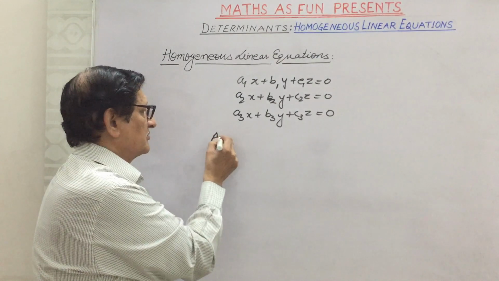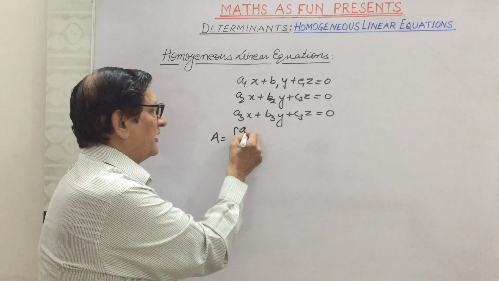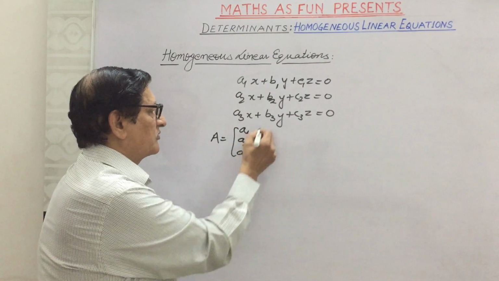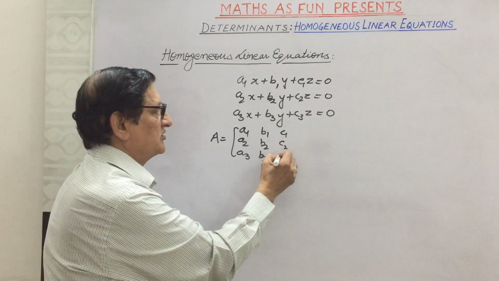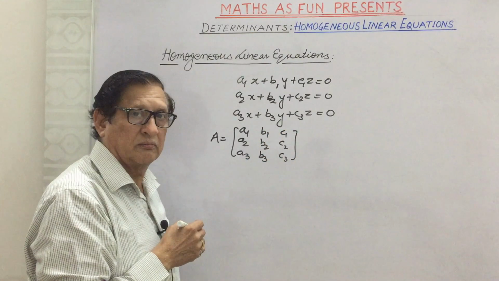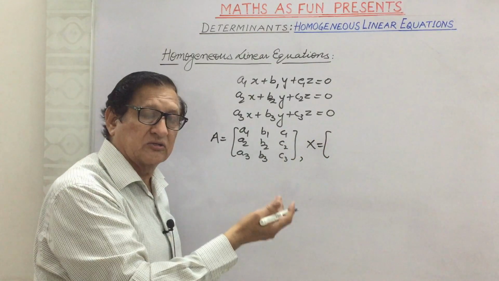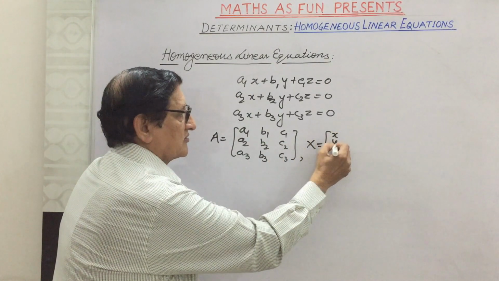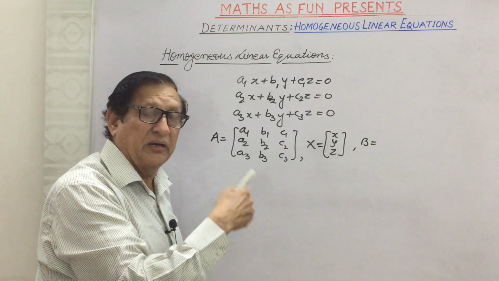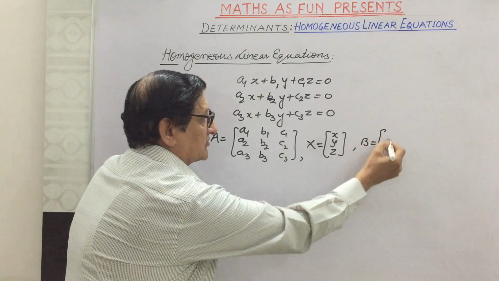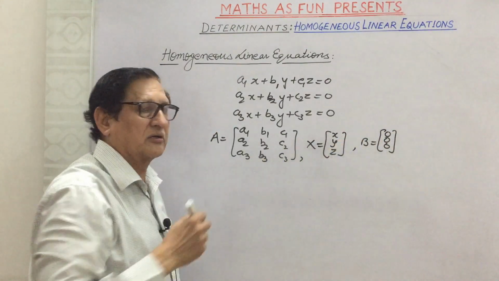Here A is the matrix of coefficients, that is a1, a2, a3, b1, b2, b3, c1, c2, c3. X is the column matrix of variables, that is x, y, z. And B, the matrix of constants, is 0, 0, 0. It means this is a zero matrix.